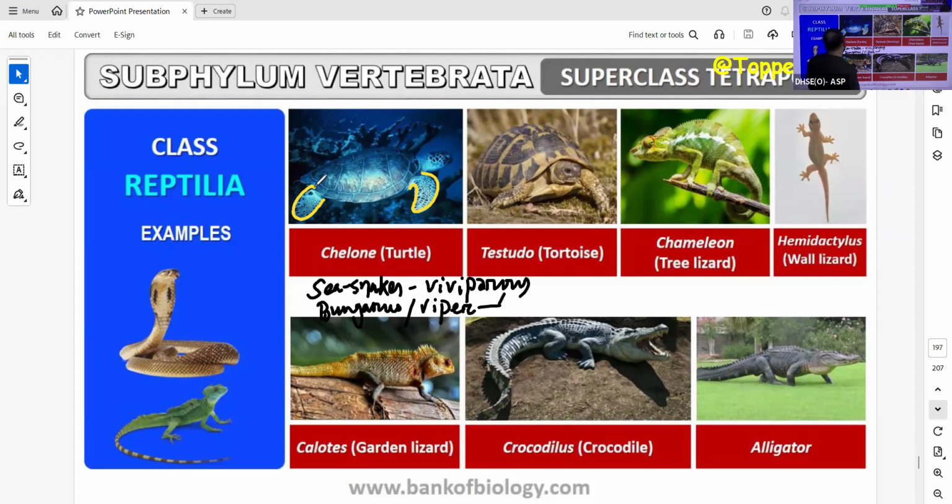Then Calotes versicolor or the garden lizard. Then Crocodilus, the crocodile, then the alligator. These are all examples of reptiles.